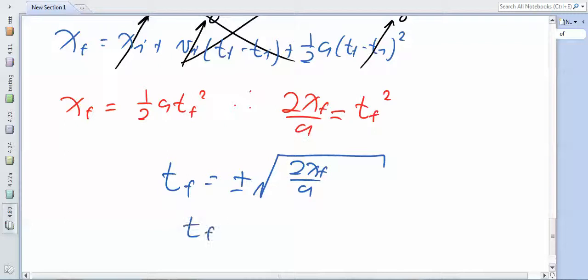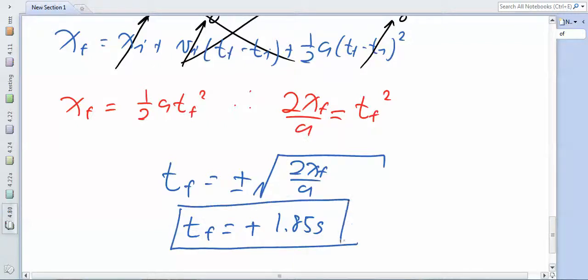When I plug in the numbers, I keep the positive root because time can't be negative, and I get 1.85 seconds.